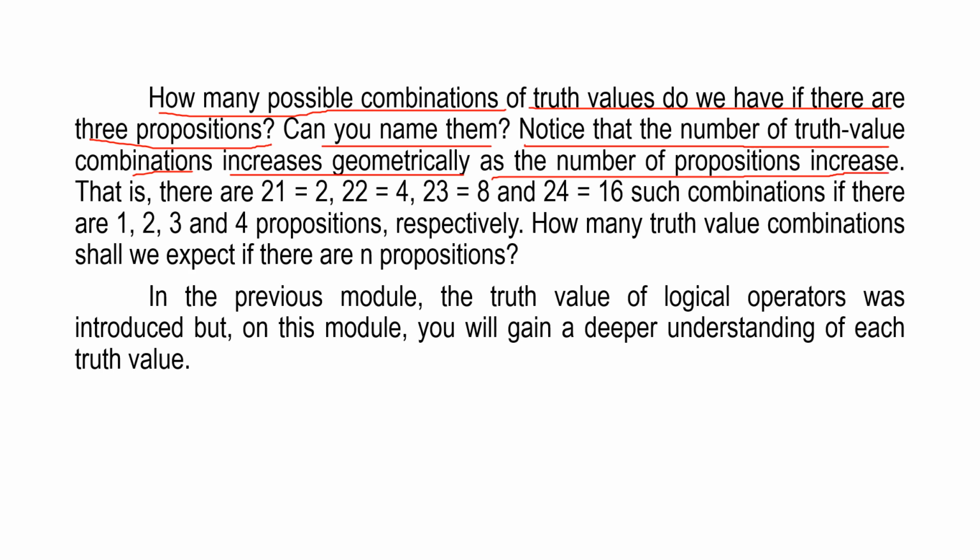Yes, it is. That is, there are 2^1 if there is 1, 2^2 is equal to 4, 2^3 is equal to 8, and 2^4 is equal to 16 such combinations, if there are 1, 2, 3, and 4 propositions respectively. How many truth value combinations shall we expect if there are n propositions?